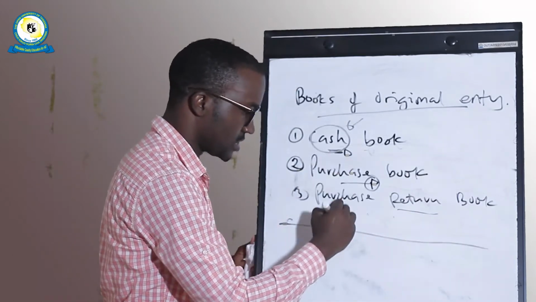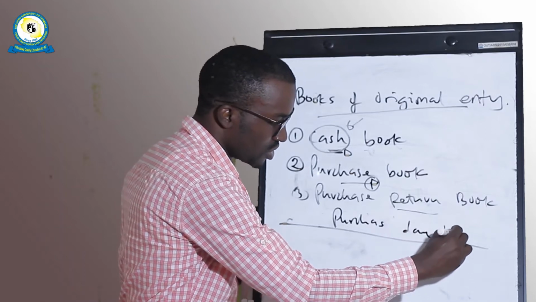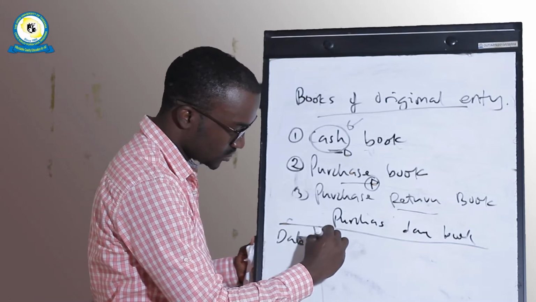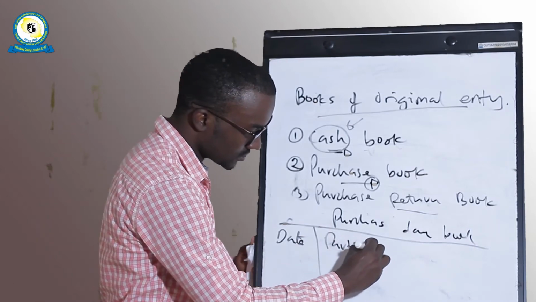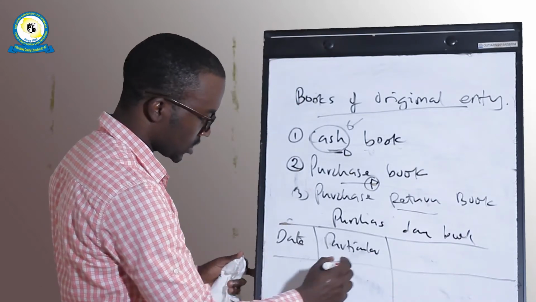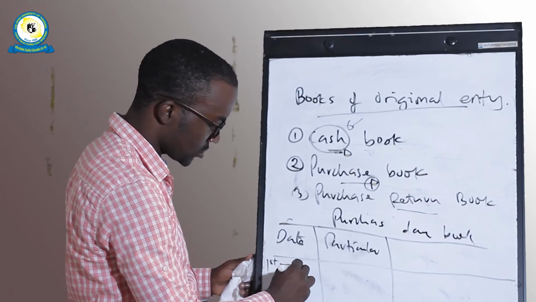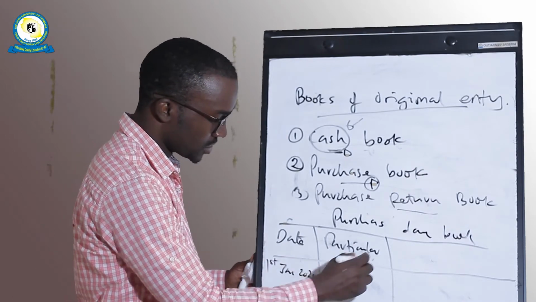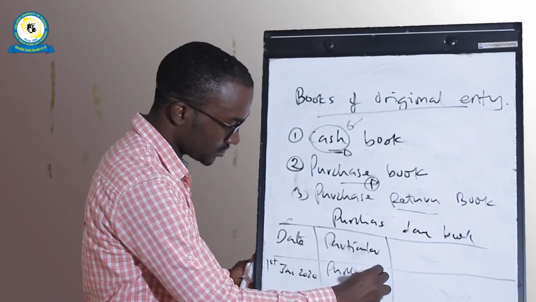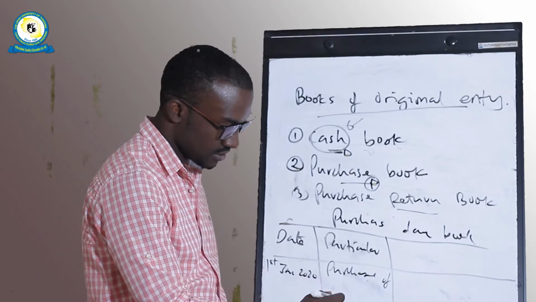For example, let us assume this is a purchase day book or purchase book. You have your date here, particulars here, and then you record your transaction. So maybe on 1st of January 2020 you purchased a certain product, let us say purchase of furniture.